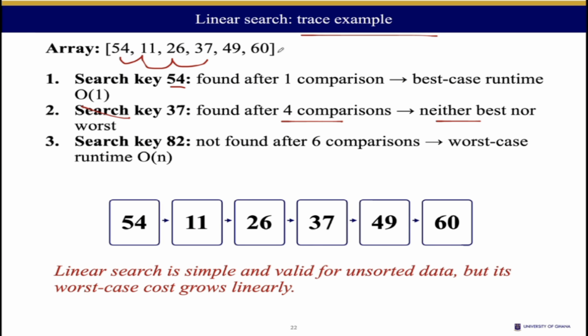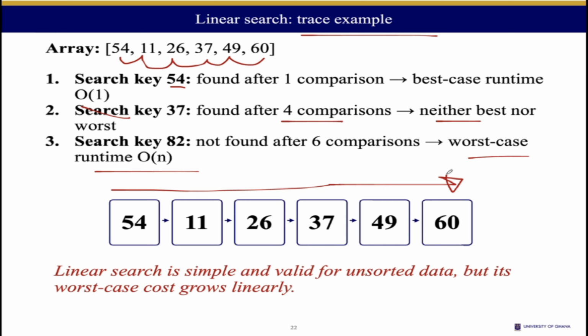Now I'm searching for 82. I go through iteration 1, 2, 3, 4, 5, 6, and it's not there. So that's the worst case scenario, and that's why we say big O of n. By inspection, yes, 82 is not there. But how did you know? Your eye searched the whole list before you concluded it's not there.